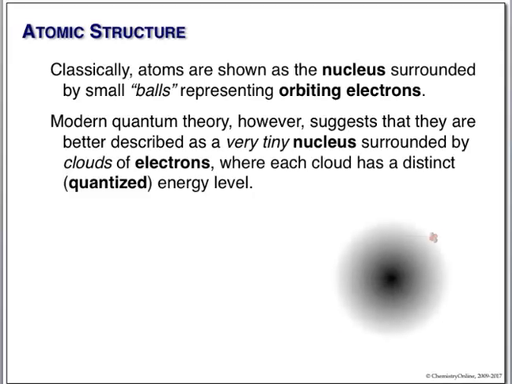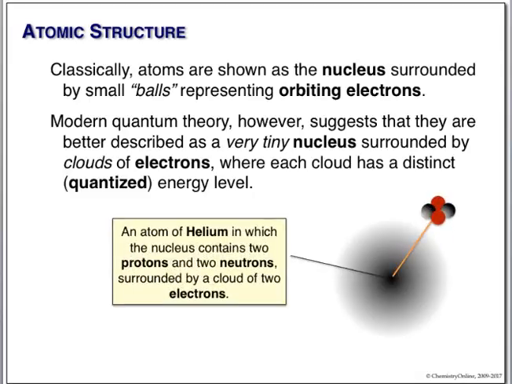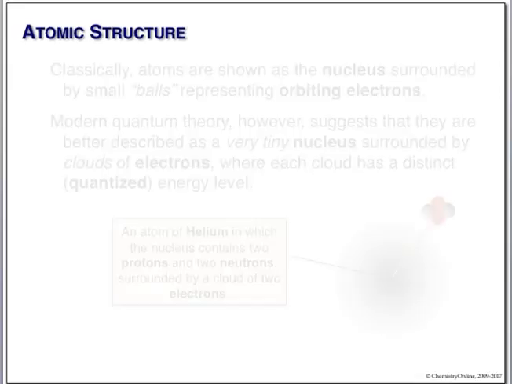This is a version of a simple atom. This is helium. We have 2 protons, 2 neutrons in our nucleus, and a cloud of electrons surrounding it. We know that this nucleus is very, very small. Atoms themselves are very, very small.